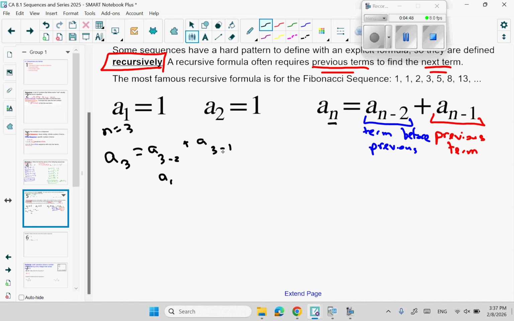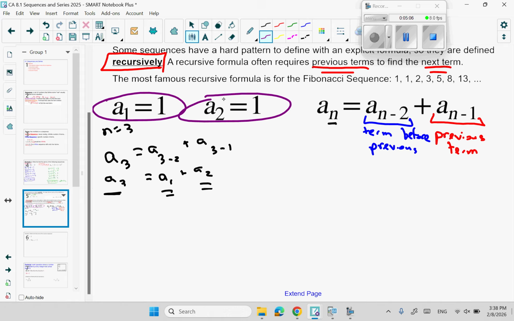A sub 3 minus 1 turns into a sub 2. So in order to find the third term, I would need the first term and the second term. One thing that recursive sequences are always connected with are defined terms. So in this case, because I'm using two previous terms, I have to define two previous terms.